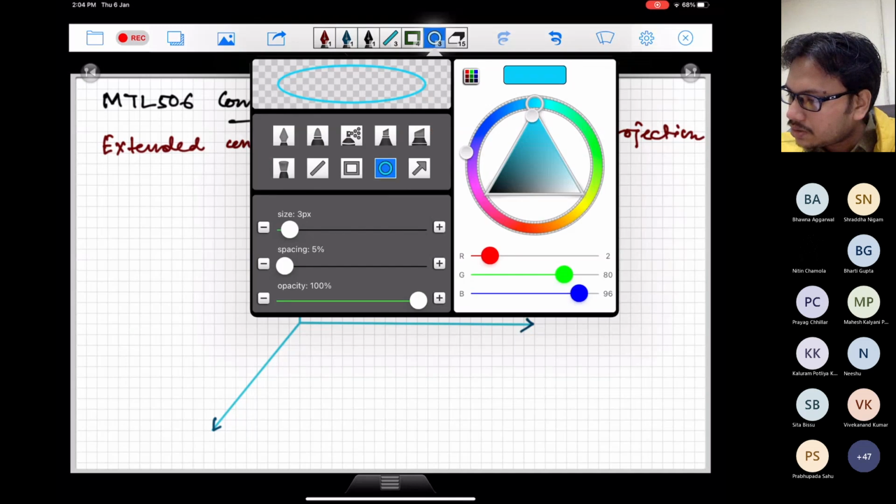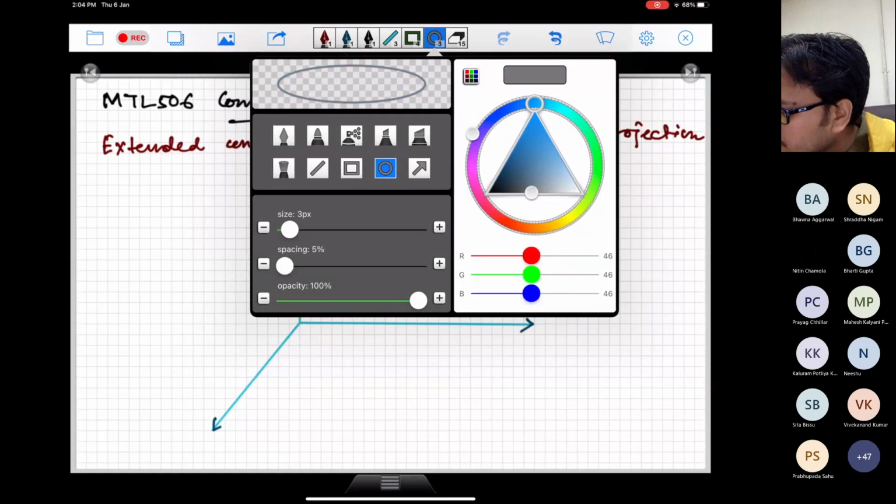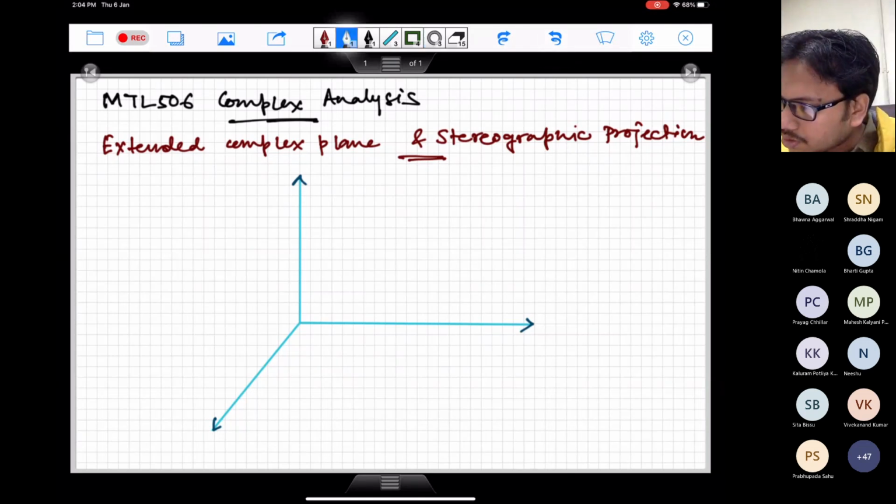Now I need a circle, so I want to use a different color. Whatever color it is, now I have to draw a sphere on this.